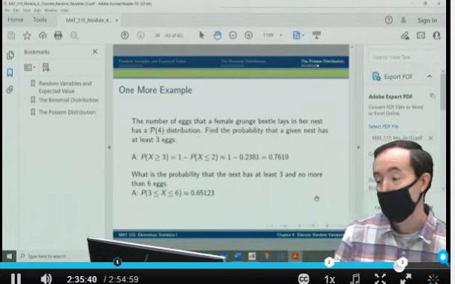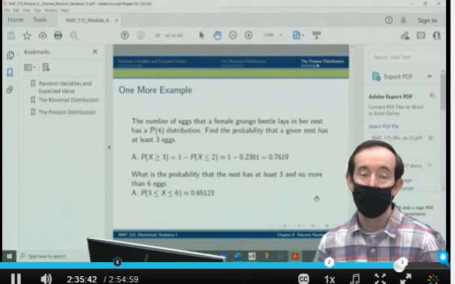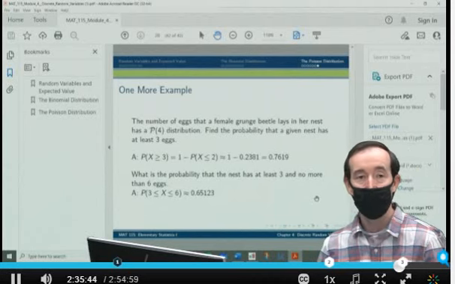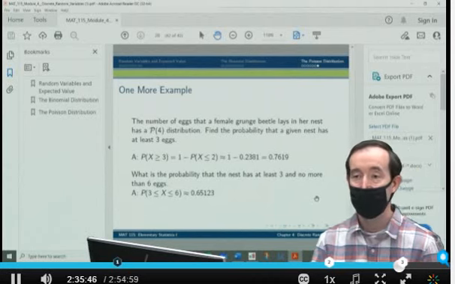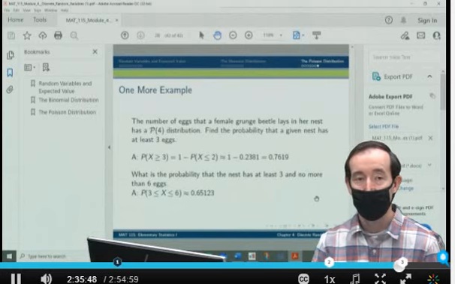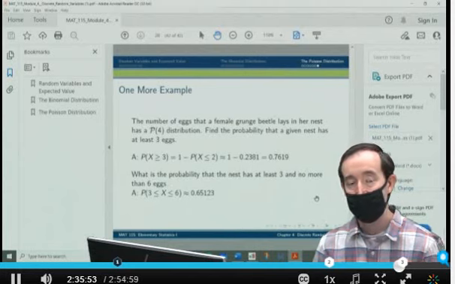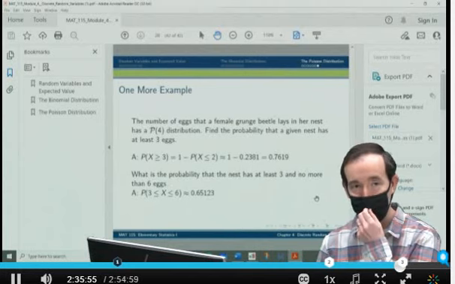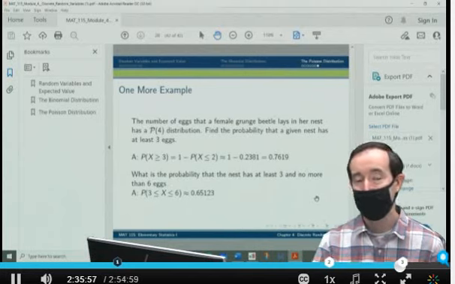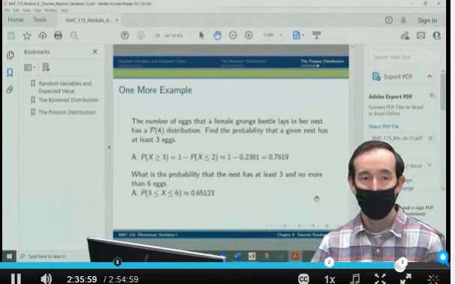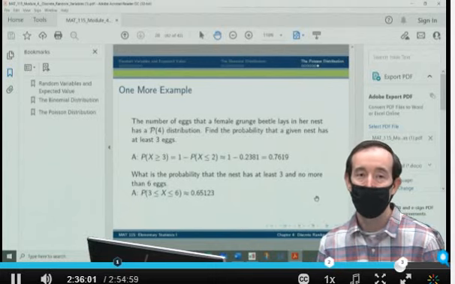Then we saw 2 specific kinds of discrete distributions. We saw the binomial distribution, which is where there are 2 outcomes and a fixed number of trials. So a binomial distribution has 2 parameters, the number of trials, n, and the success rate, p. From those 2 pieces, we can find the probability of any number of outcomes, we can find the expected value, and we can find the variance.